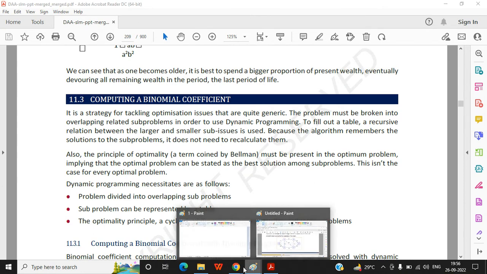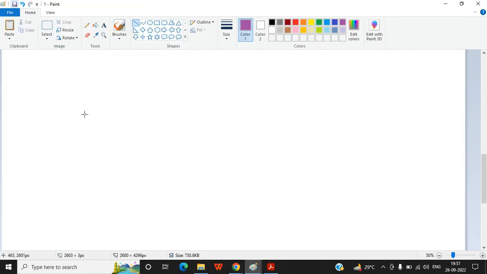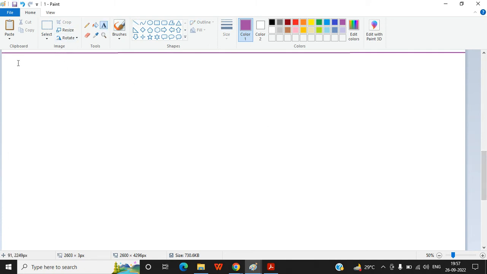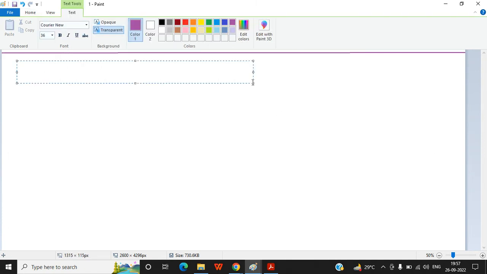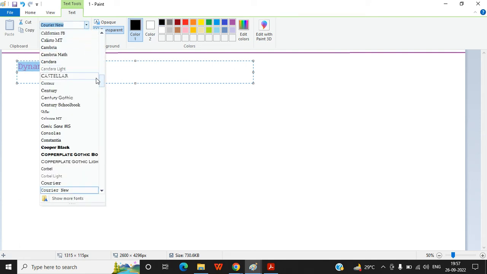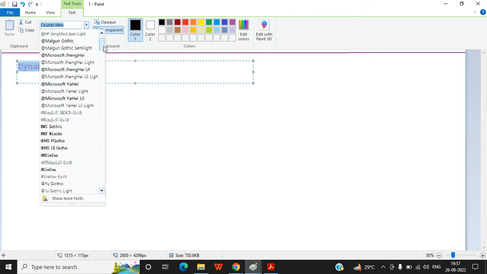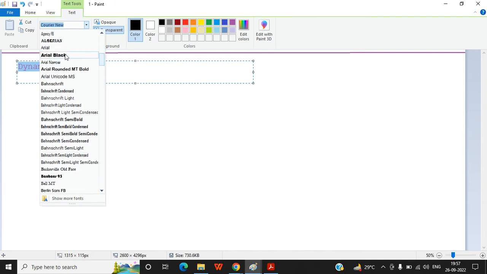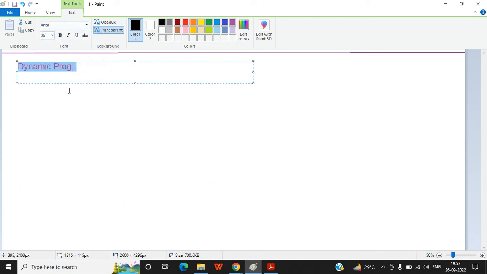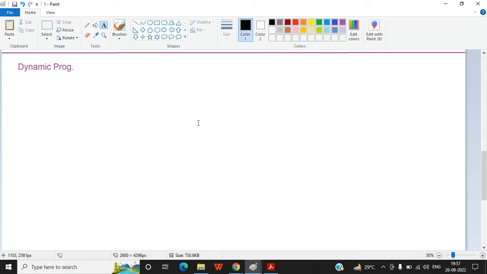First of all, what is dynamic programming? As we all know, there are many different types of algorithm, like the greedy method, backtracking, branch and bound, dynamic programming, and divide and conquer.